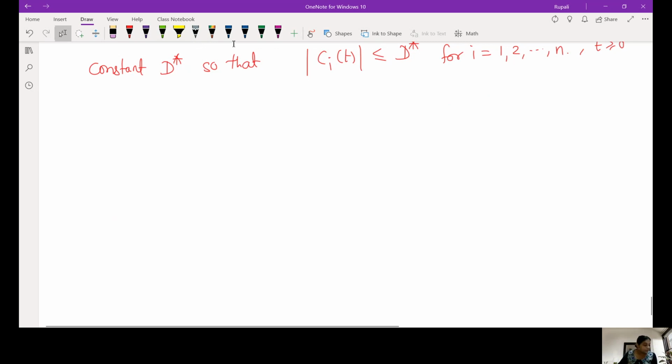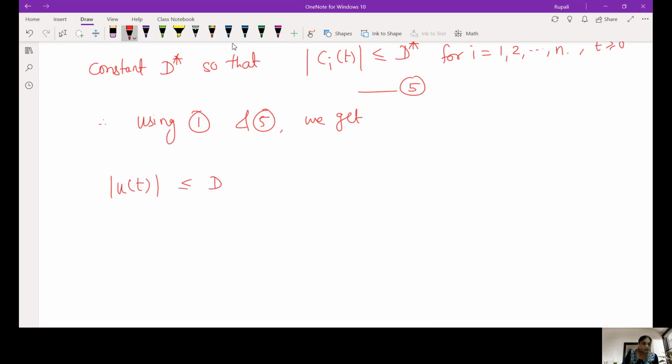So now using 1, and this you can call 5, using 1 and 5 we get |u(t)| is less than or equal to d star times the summation i = 0 to n minus 1 of |Mi| times |u0|, which is less than or equal to some constant times |u0|.